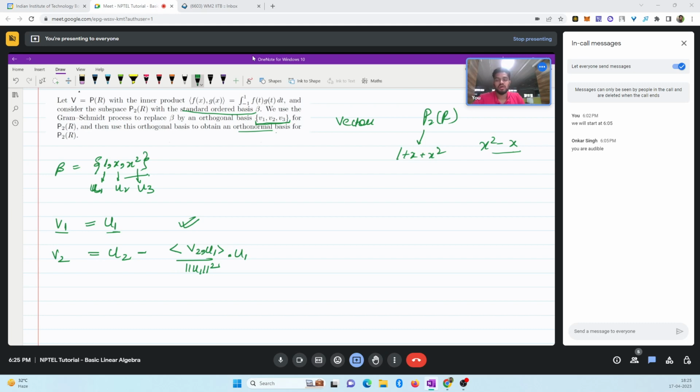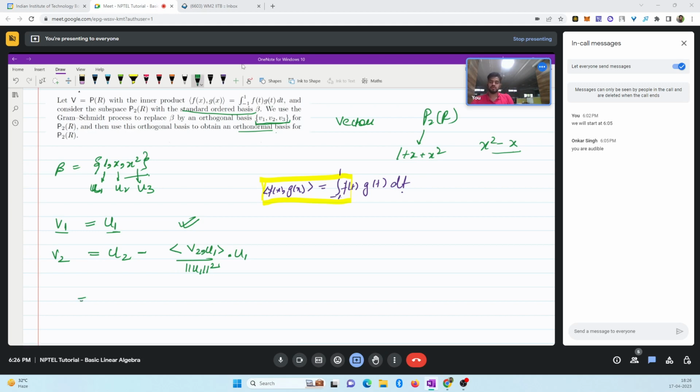Now, we have a certain definition for dot product given over here. This is not a standard dot product that we do in case of Rn, but this is the integration of this thing from -1 to 1.